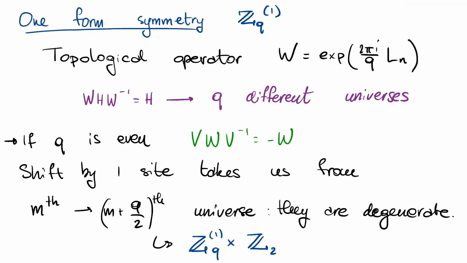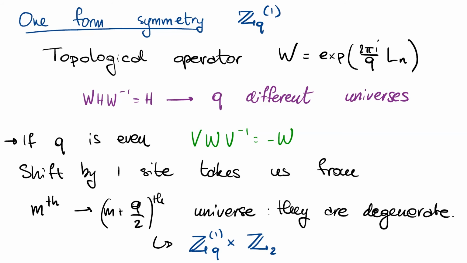Well, we have a one-form symmetry Z_Q, which means that I have one topological operator, which just measures what the electric field is mod Q. Since the electric field can only change by plus or minus Q, the electric field mod Q is the same on all sides of your lattice. And this is the operator. Here I insert it at site n, but it doesn't matter at which site I insert it. It's the same on every site of a state.